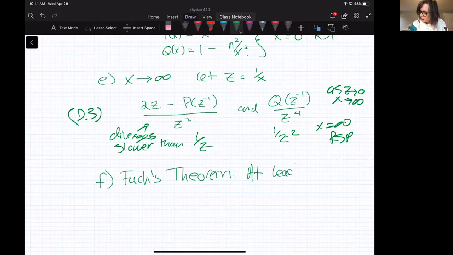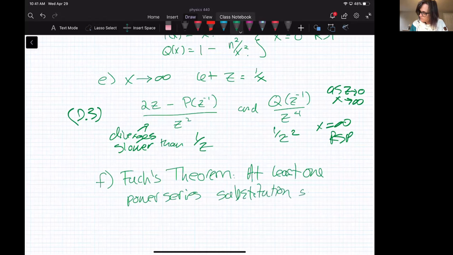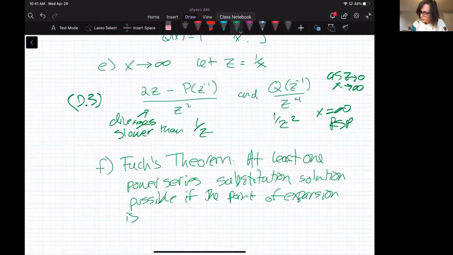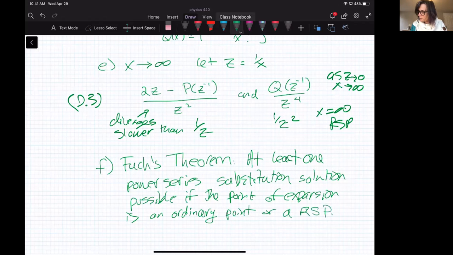At least one power series solution or substitution is possible if the point of expansion is either an ordinary point, that is, doesn't have a singularity at all, or a regular singular point.